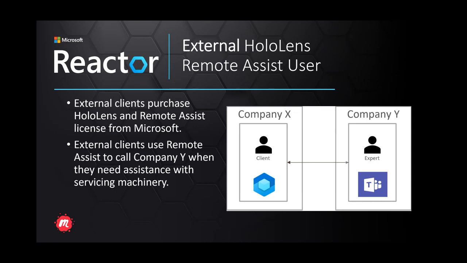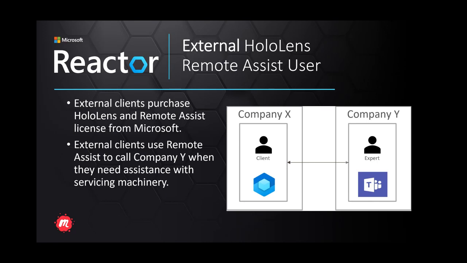Yes. For the external HoloLens Remote Assist user scenario, company X can create a Teams meeting and company Y can join that meeting from the desktop, and company X can join from the HoloLens. This is useful when federation is not possible. Is that right? To my understanding, yes. So what federation does, it prevents you from searching.